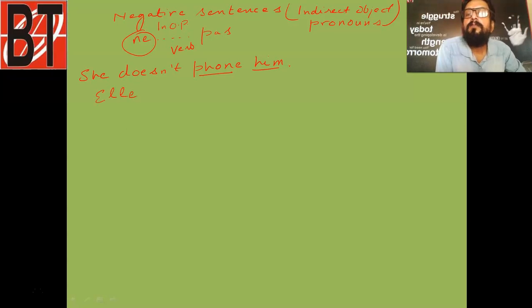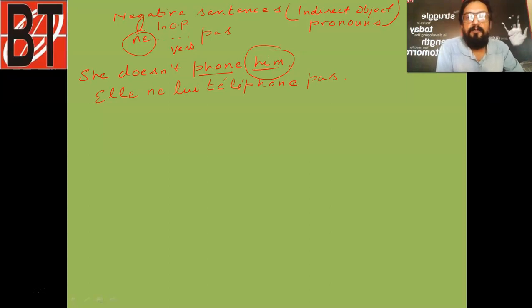Elle, "ne", doesn't, "pas". Then the indirect object pronoun. Elle ne lui téléphone pas. Elle ne lui téléphone pas.